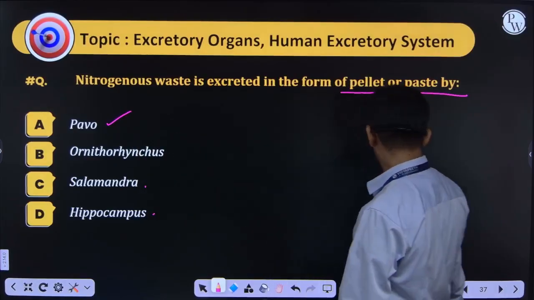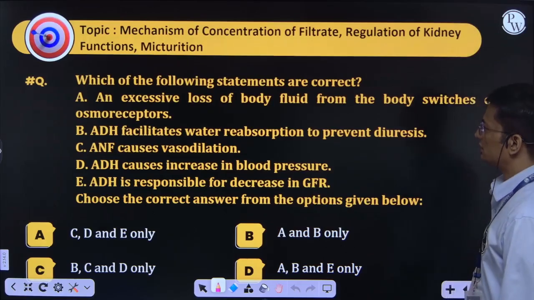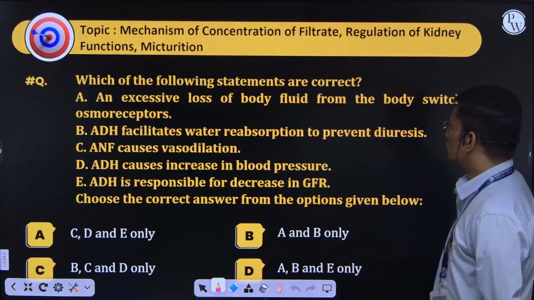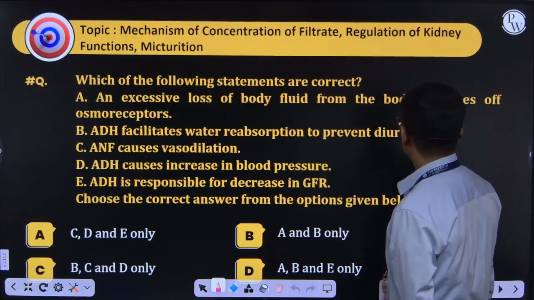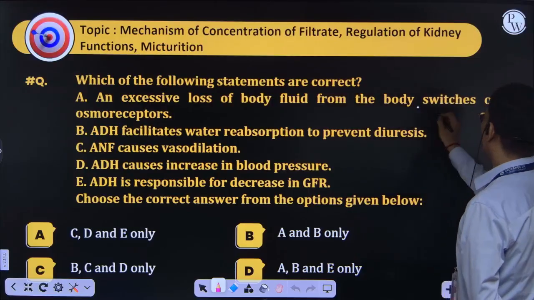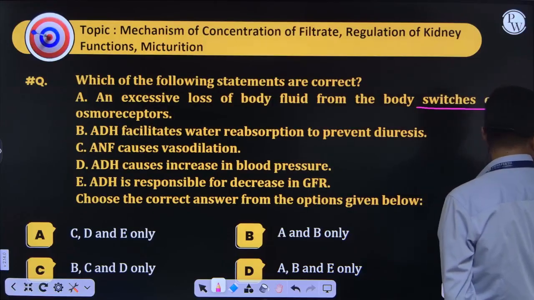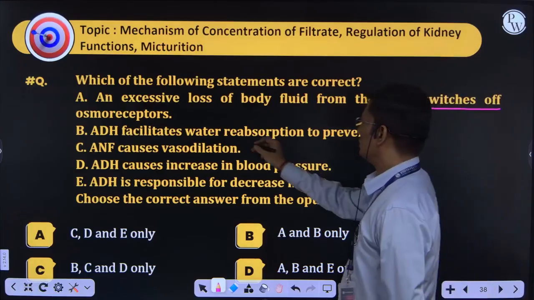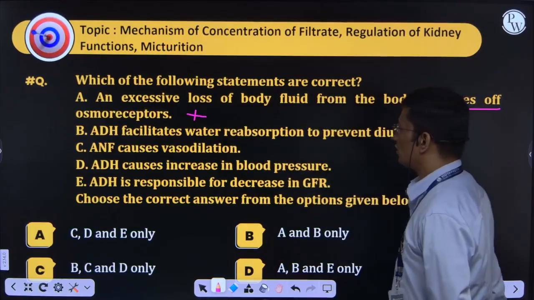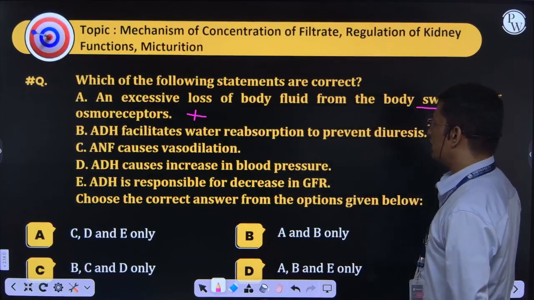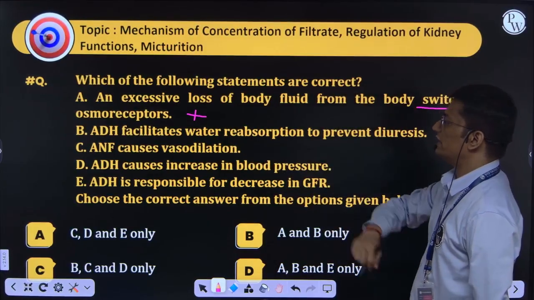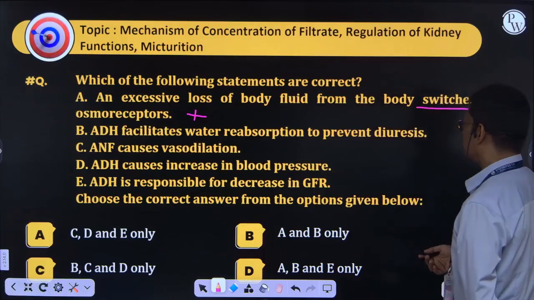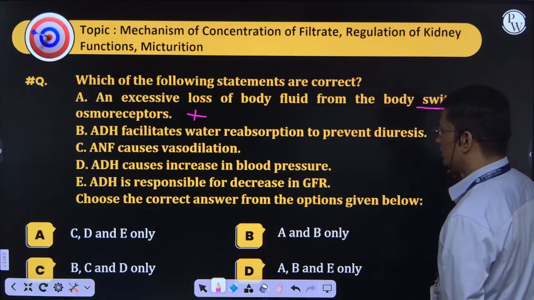Which of the following statements are correct? Excessive loss of body fluid switches off the osmoreceptor. If the loss of body fluid takes place, it has to switch on, not switch off. So this is wrong. ADH facilitates water reabsorption. Water reabsorption will take place from the collecting duct and the DCT.